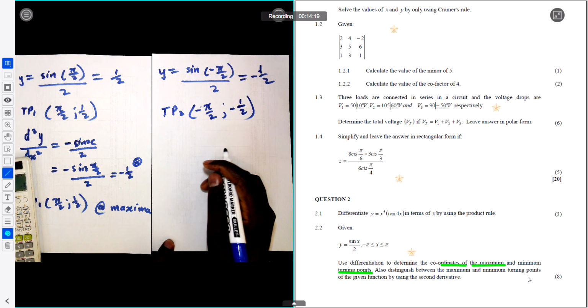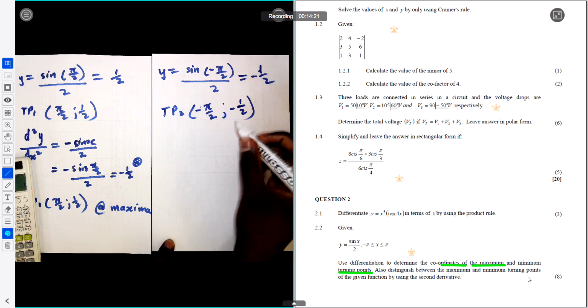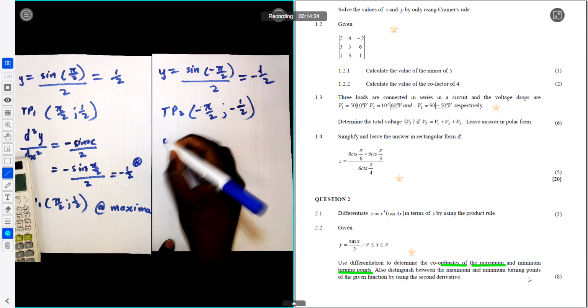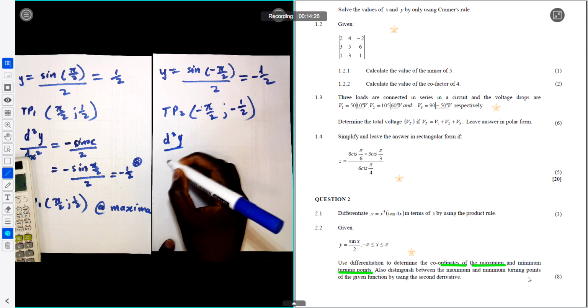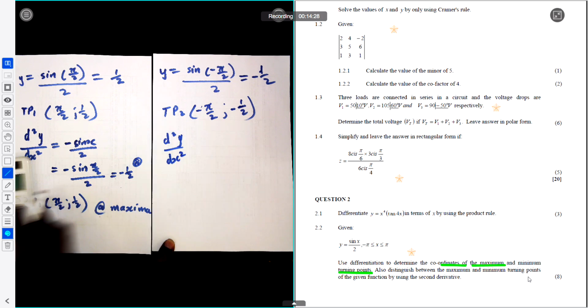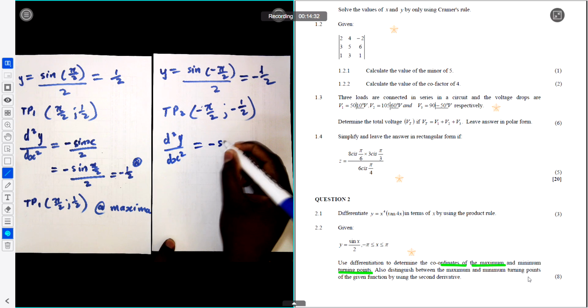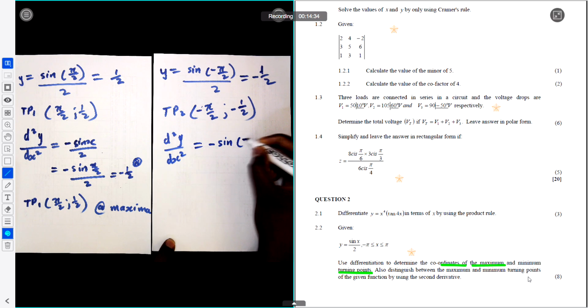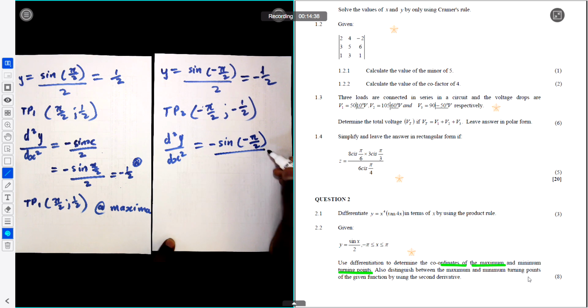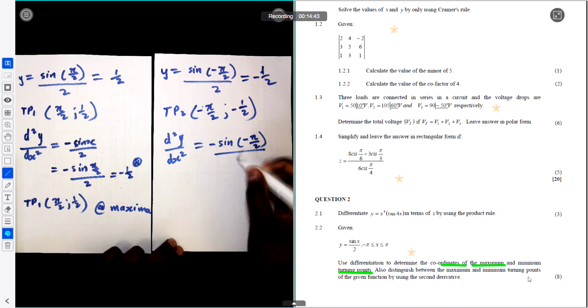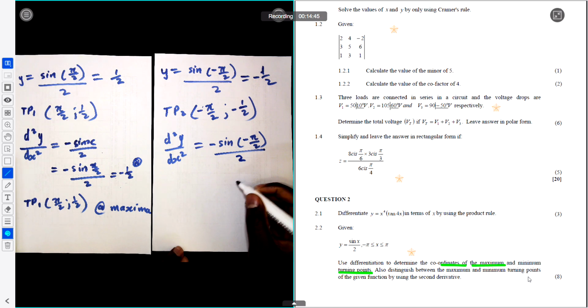So we need to distinguish at this turning point, are we having a maximum or minimum? So we are going to substitute into the second derivative, where we're going to have negative sine of x. The x value is negative pi over 2, all divided by 2.